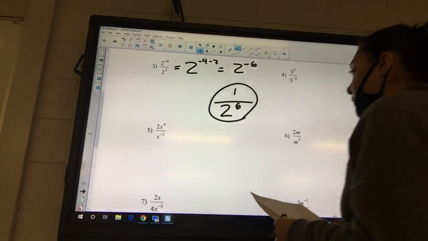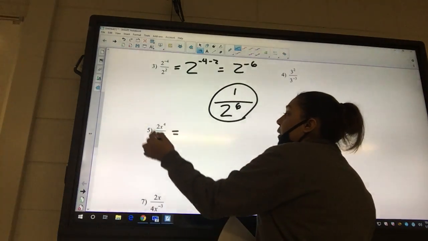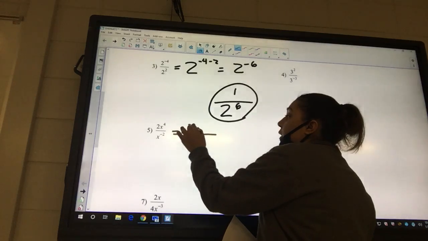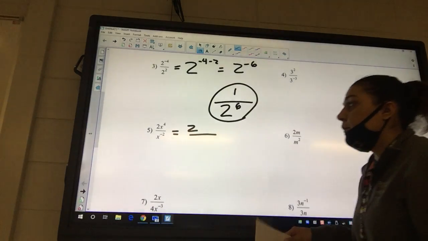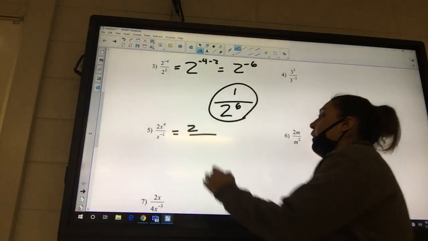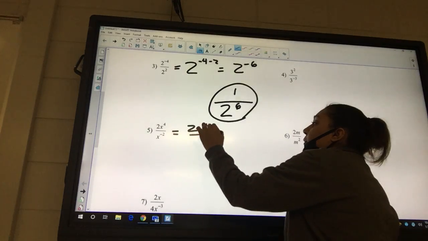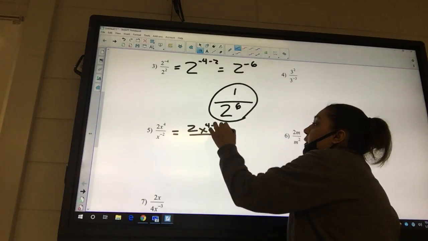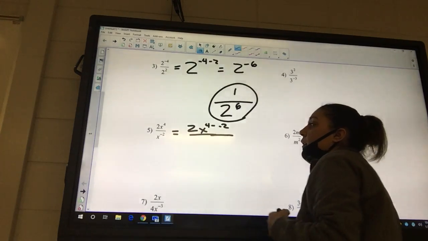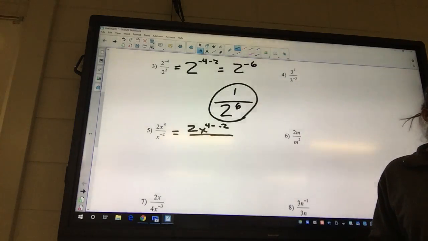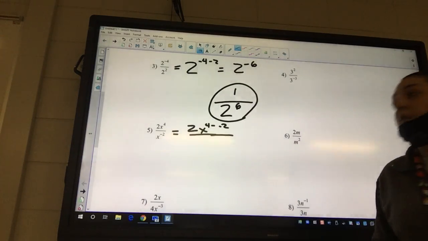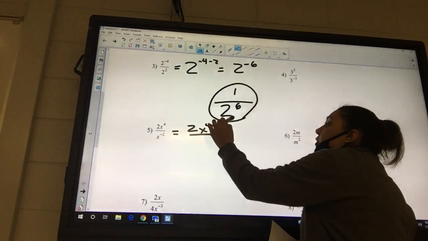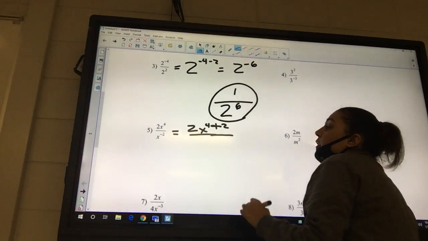Okay, look at 5. Okay, we keep our big numbers where they're at. So we're going to fill in that big one. Okay, and we're going to have x to the 4 minus -2. Okay, what's a negative? It's a plus. So we can change this to a plus.